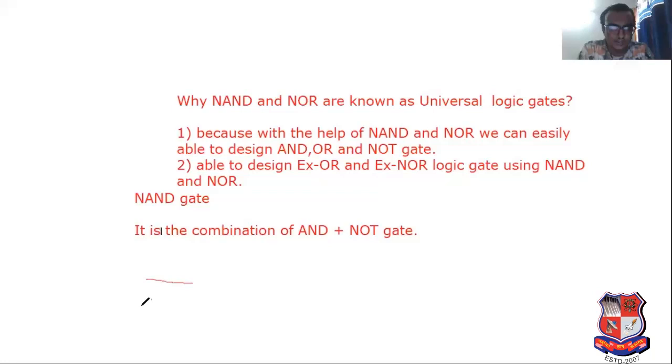See, this is known as AND gate, and here it is the NOT gate. So here AND plus NOT equals NAND.